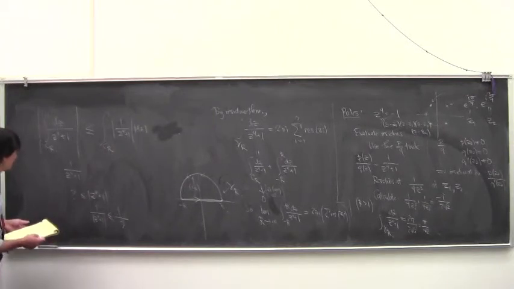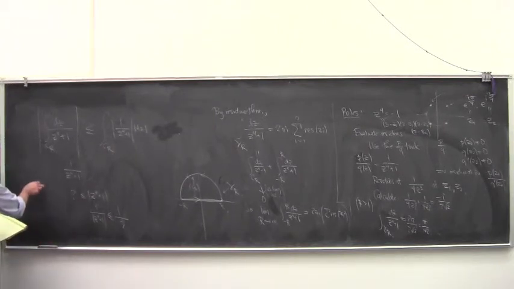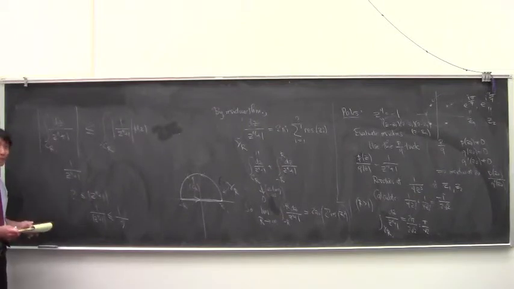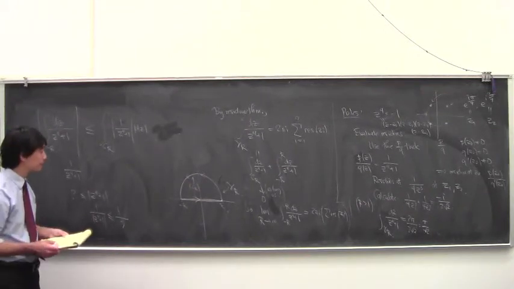Is it true? Let me think. Yeah, that'll work. Why do you say, why is that true? Just explain it to me. Because all the z's are on that semicircle.